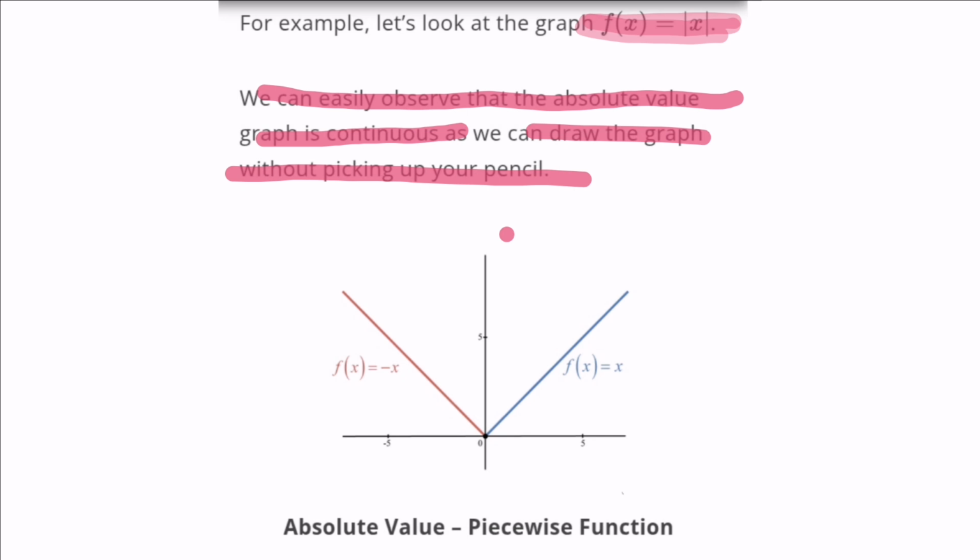One is the line f(x) equal to minus x, and another branch is f(x) equal to x. So this means that the graph of |x| is the combination of two lines, minus x and x.